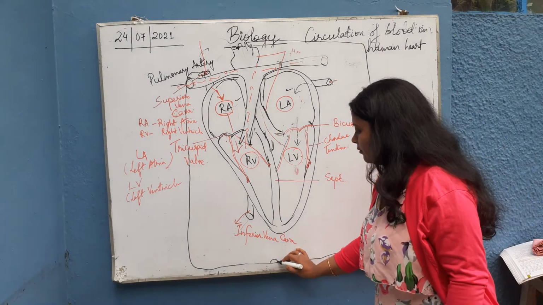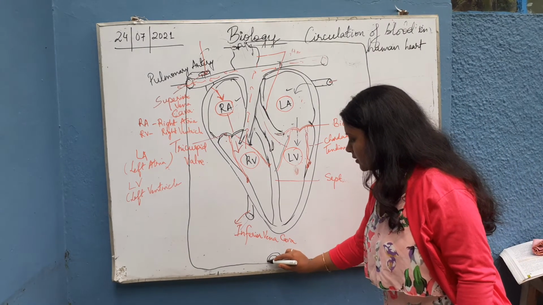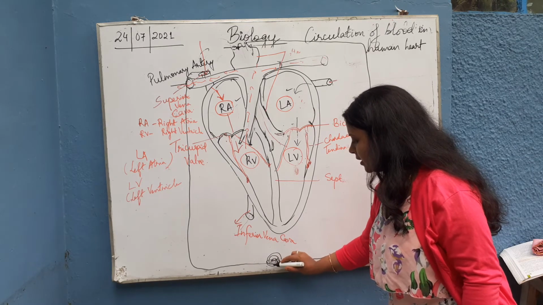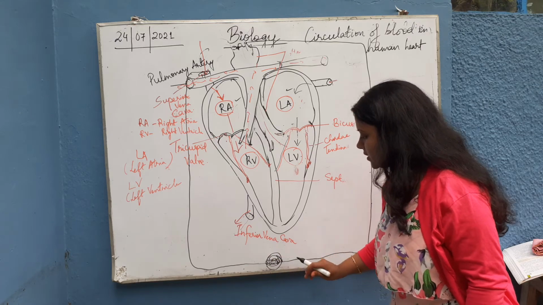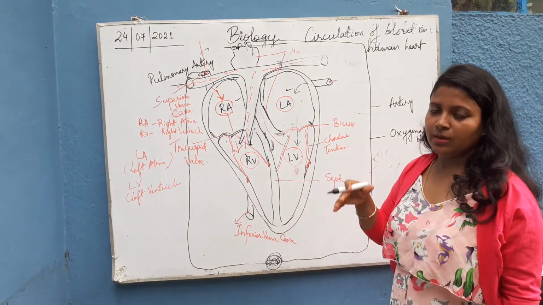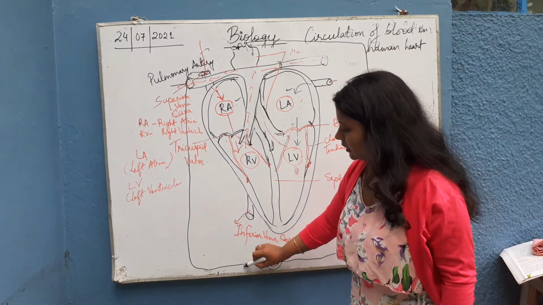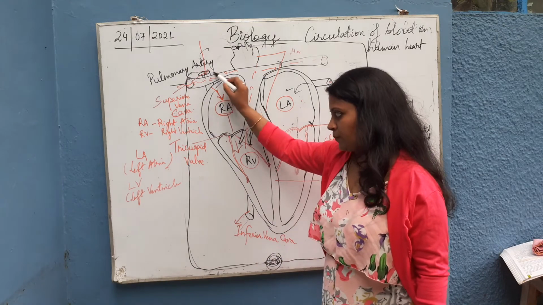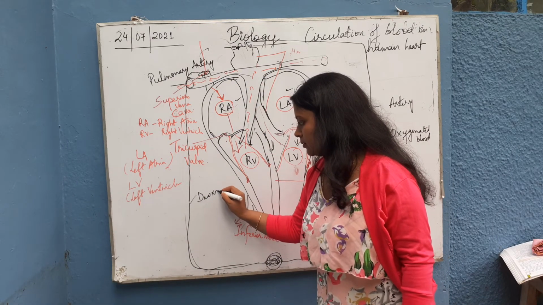Then in various organs there are capillaries. Near the capillaries the exchange will take place. Carbon dioxide will be taken and oxygen will be given to the cells for respiration. Now the blood will return back to the heart as deoxygenated blood.